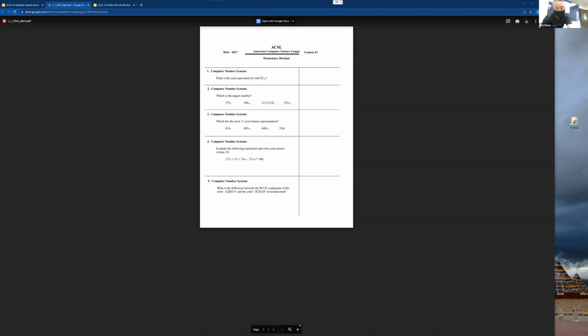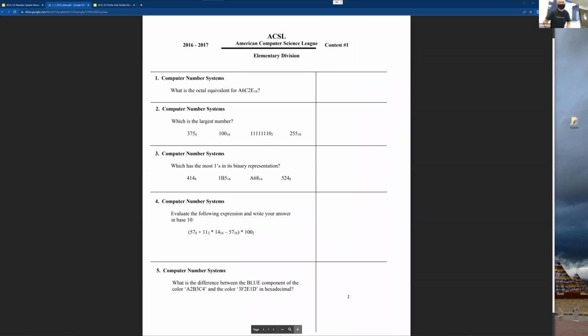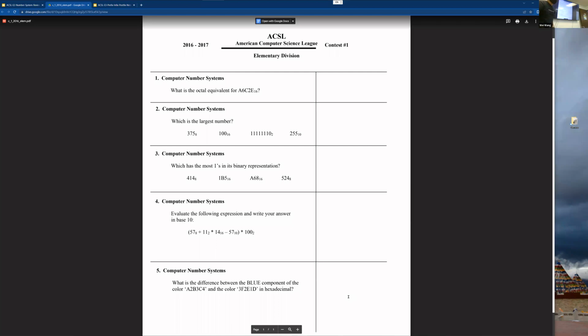Okay, so let's try to work on these problems. We have 15 minutes to go. Work on these problems. We should be able to finish at least 2. Okay, let's do the first 2 problems. That's on the screen here.